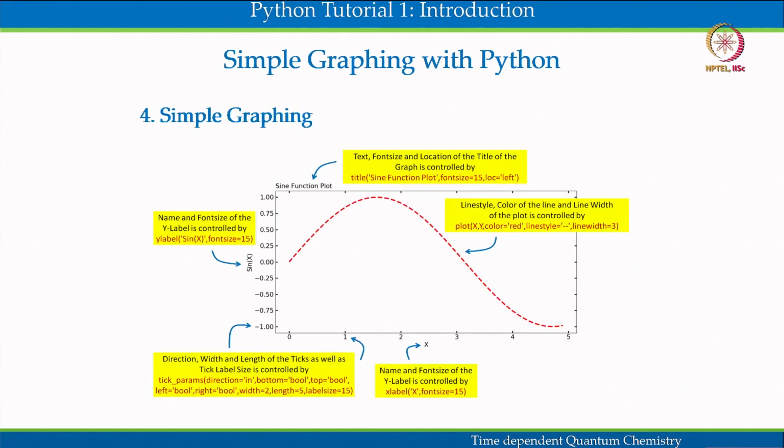This is a summary of what we have just mentioned so far. The plot style has been controlled by these parameters. Then X label has been controlled by these parameters. Then tick parameters has been controlled by this, and the Y label has been controlled by this. Title has been controlled by this. So give some time, take a look at it.